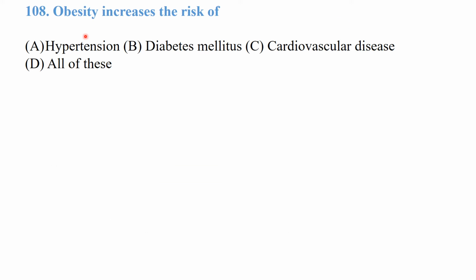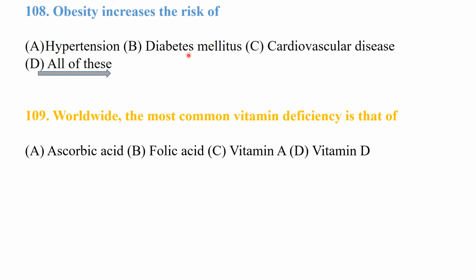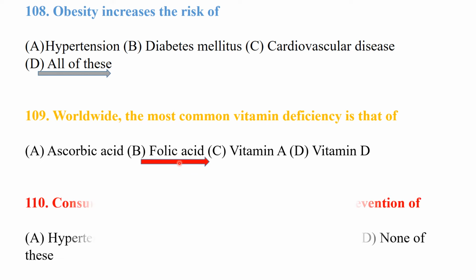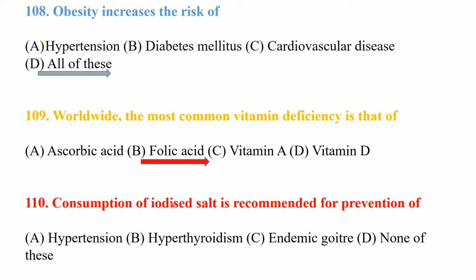Obesity increases the risk of hypertension, diabetes mellitus, cardiovascular disease, all of these. Worldwide, the most common vitamin deficiency is that of folic acid. Consumption of iodized salt is recommended for the prevention of endemic goiter.